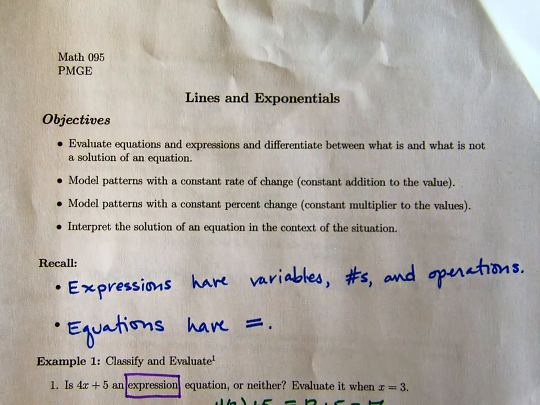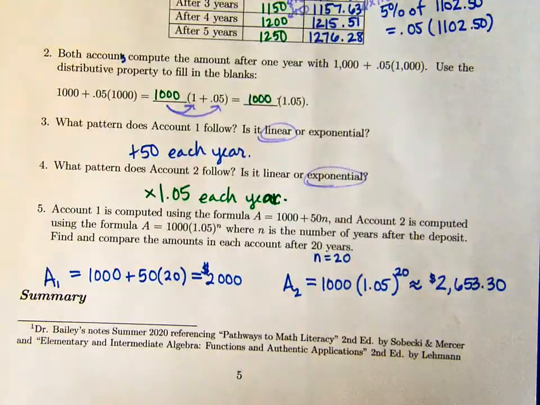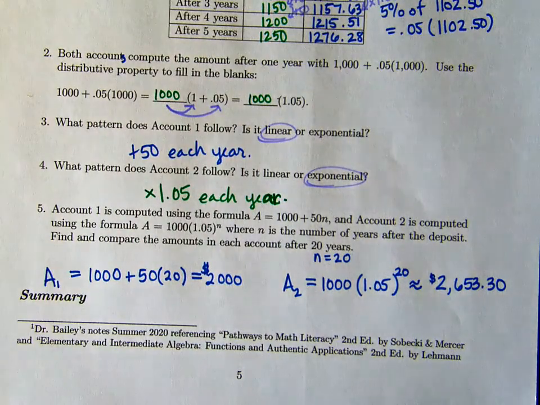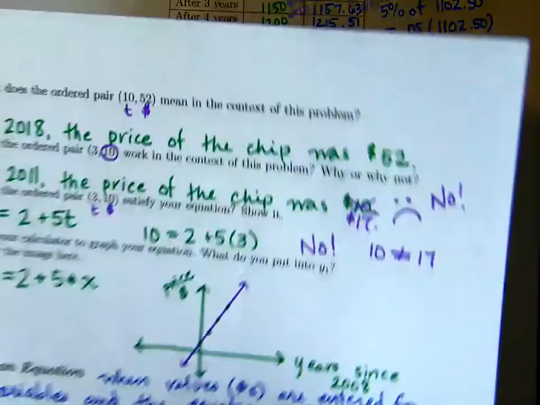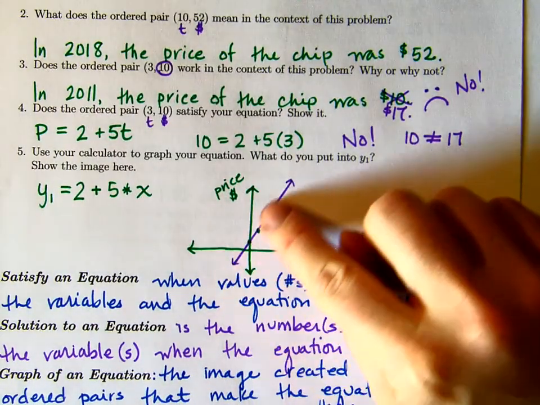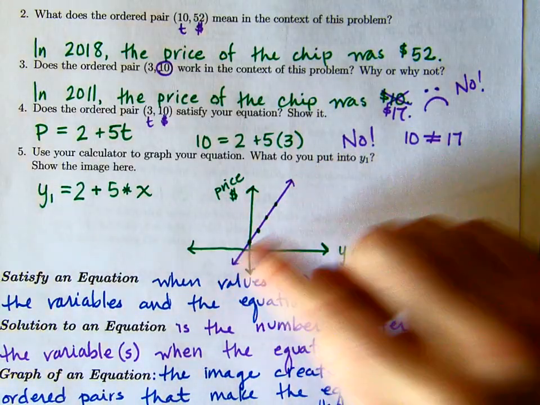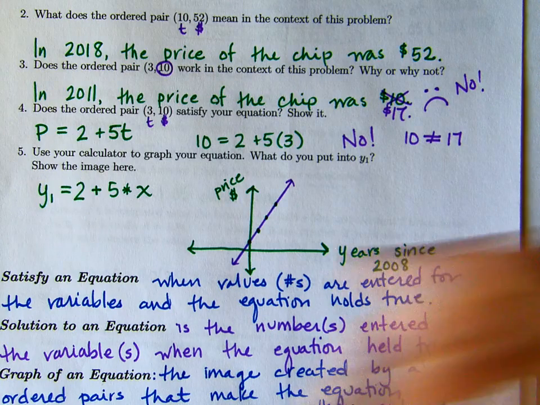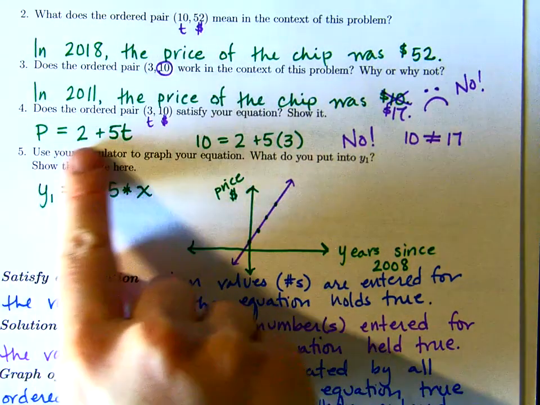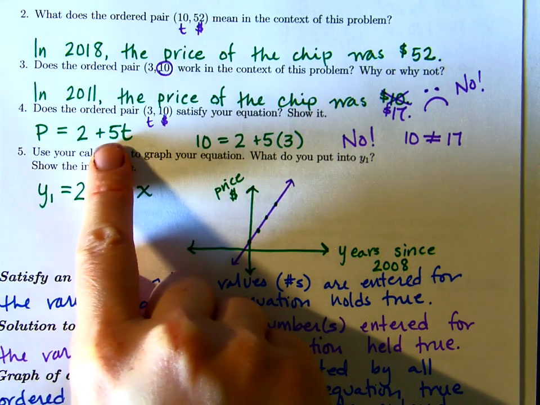And we gave them these names because the linear pattern, which was plus 5, plus 5, plus 5, gave us an image of a straight line, and its equation looked like something like this.